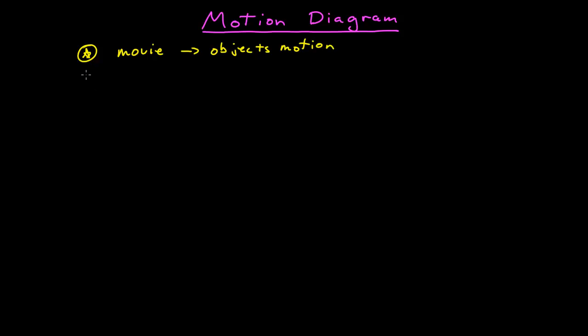So it's like a movie, only we see separate frames of large time intervals so we can see discrete motion. Another important aspect is that there are equal time intervals between each frame.